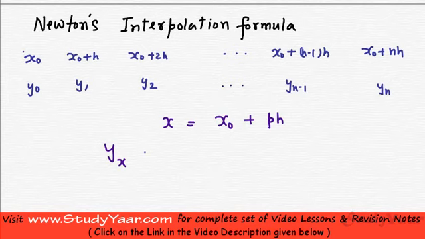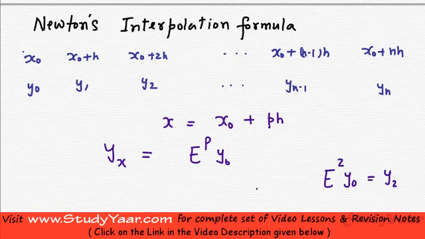It is going to be E raised to power p y0, right? What is E raised to power 2 y0? It's going to be y2. Similarly, what is E raised to power p y0? It's going to be yp, which is y at x0 plus ph.